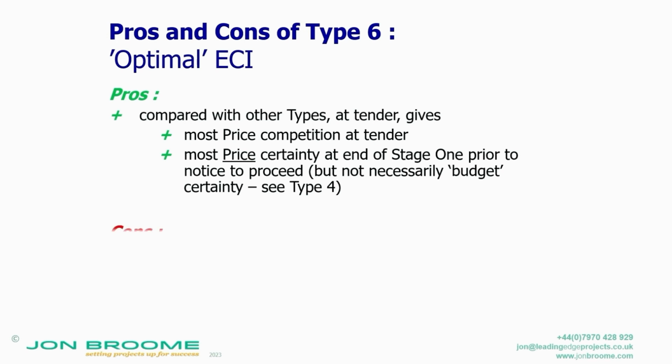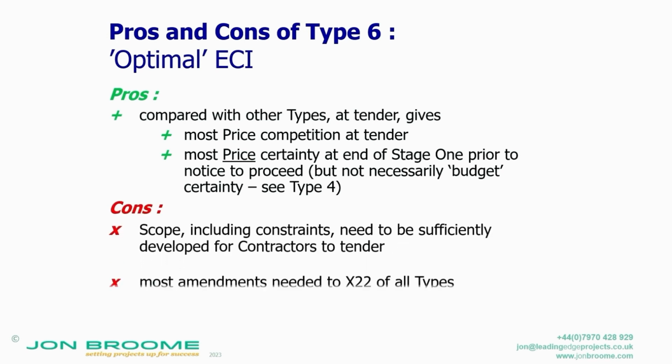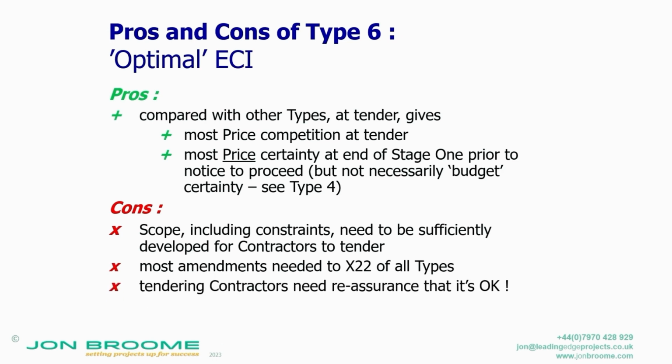Yeah. The cons are some scope, including constraints, need to be sufficiently developed for contractors to tender. So the project needs to be a bit more developed compared with the other ones for them to work out a price. The most amendments compared with X22 of all the types, because it's the most different probably.